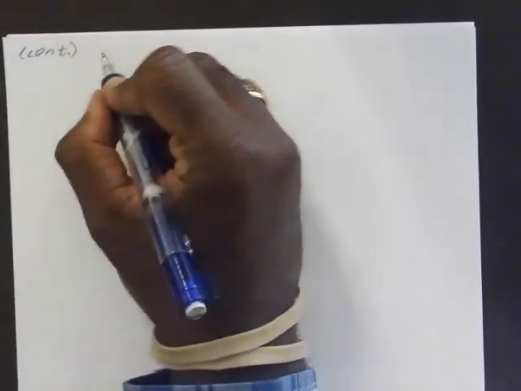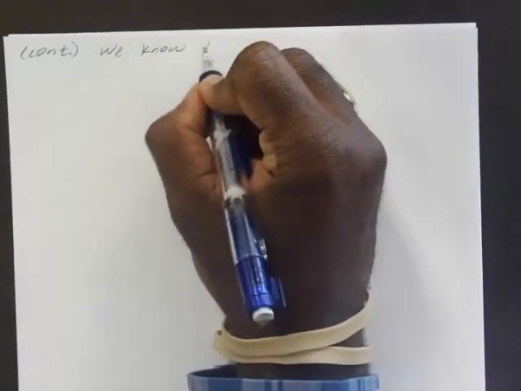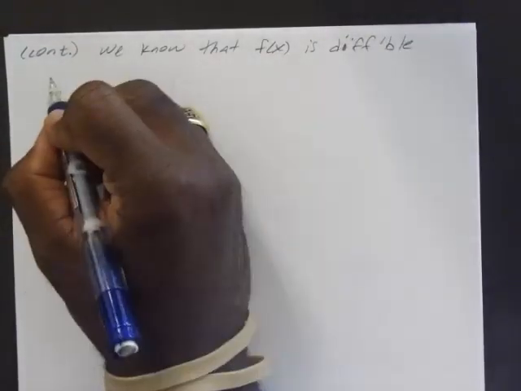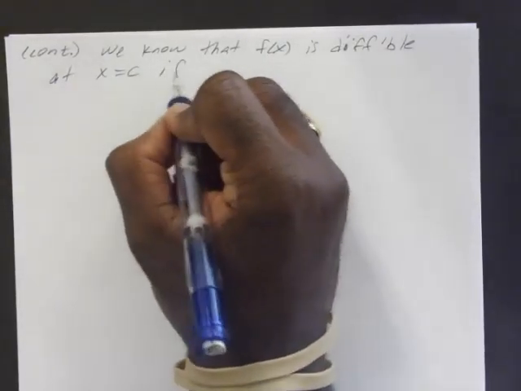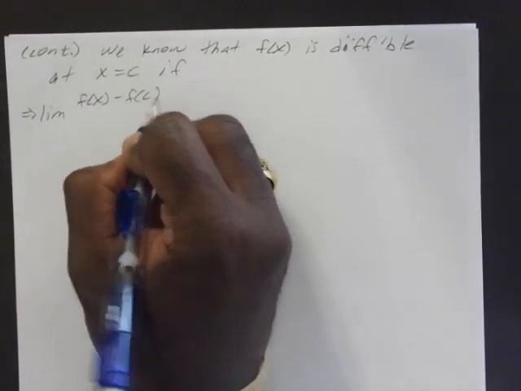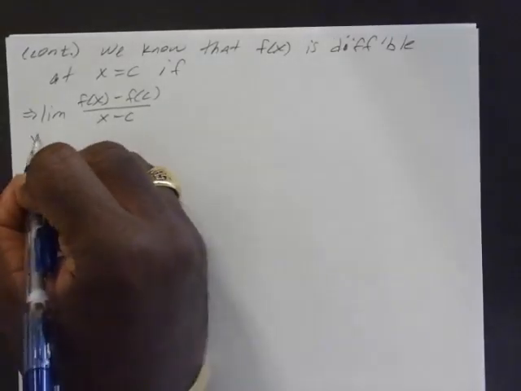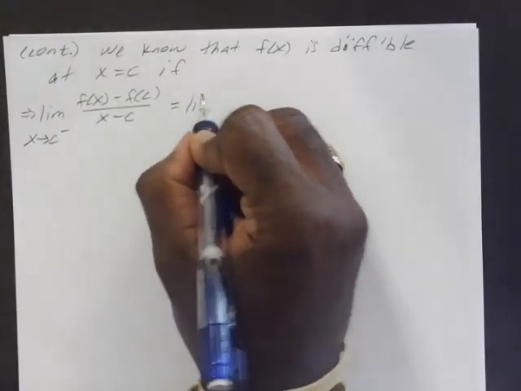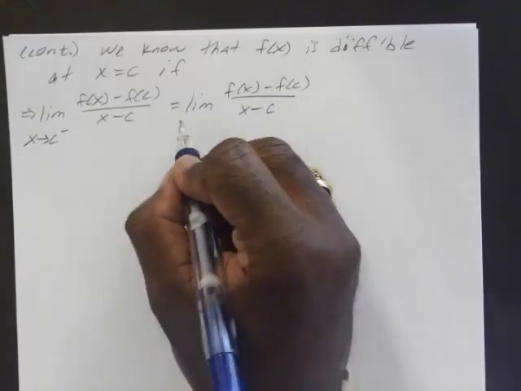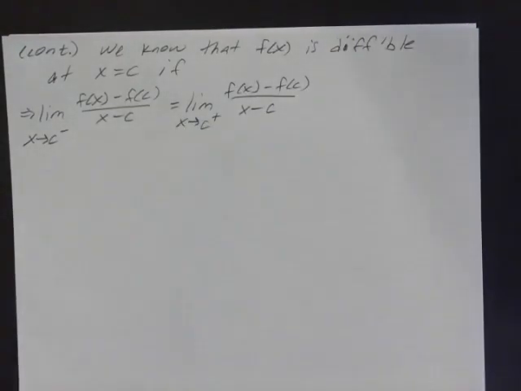Okay. Now the same thing with differentiability. So we know that f of x is differentiable at x equals c if the limit of f of x minus f of c divided by x minus c as x approaches c from the left is equal to the limit of f of x minus f of c all over x minus c as x approaches c from the right, and they both equal f prime of c.